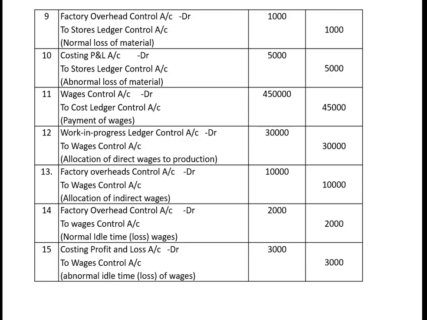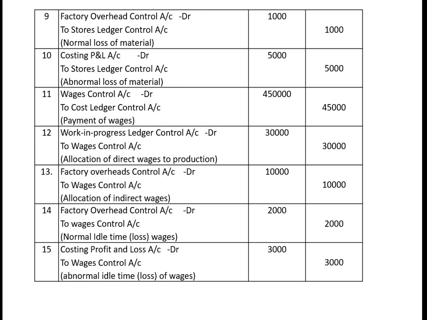Entry number 13, indirect wages allocated. Out of 45,000, 10,000 is allocated for indirect wages. So factory overhead control account debit to wages control account, 10,000. Then there is normal idle time of labor.